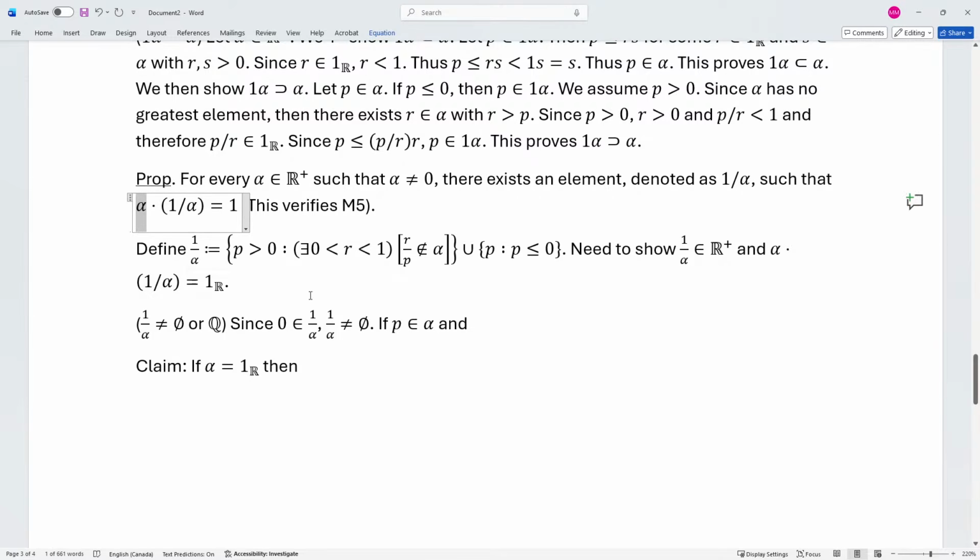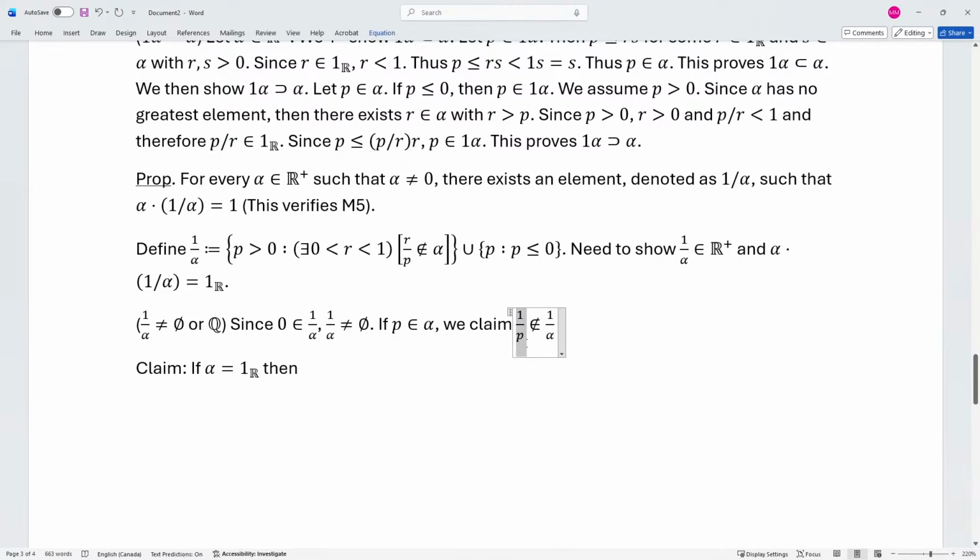Basically, if P is in alpha, we claim 1 over P is not in 1 over alpha. If that claim is shown, then it shows that 1 over alpha is not the whole Q.